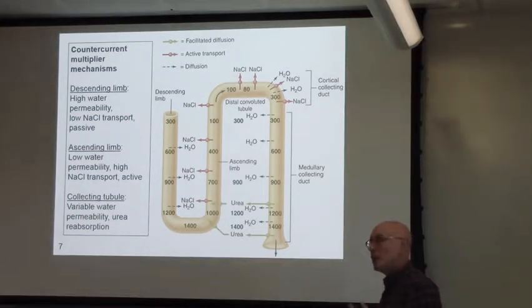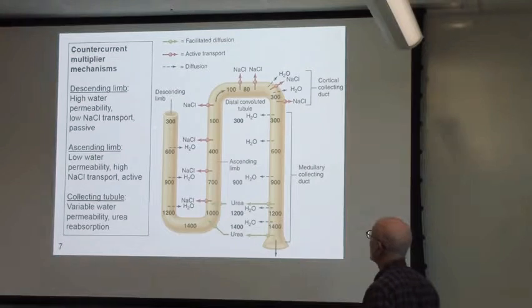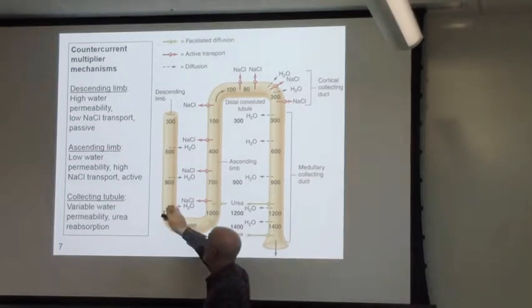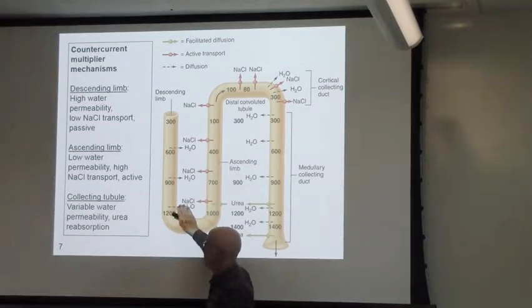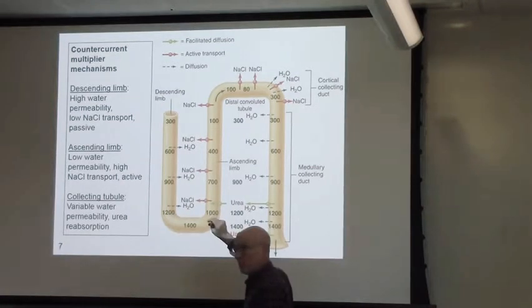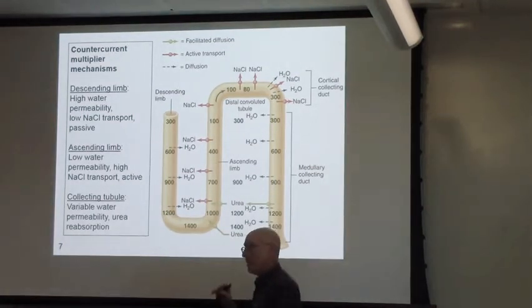The key thing to know about the descending limb is that it has high water permeability. And it does not have a lot of solute transport mechanisms. So in the descending limb, we need to know that there's water permeability. Stay with me.